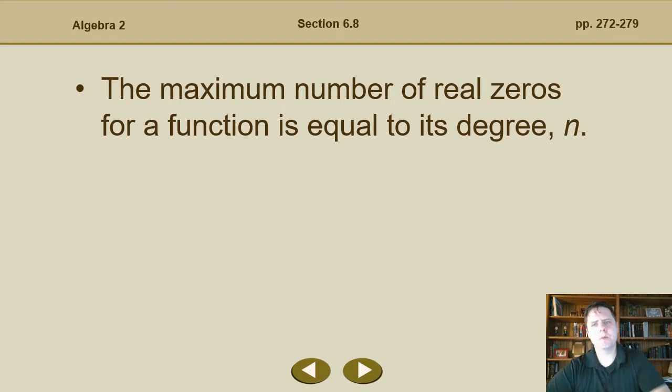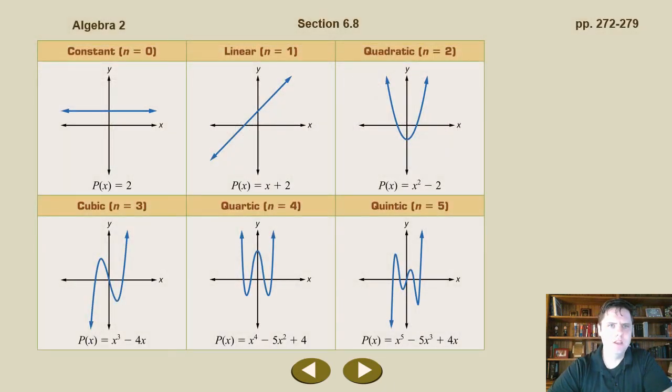Okay, so the maximum number of real zeros for a function is equal to its degree n. We remember that last time together. So let's look at some of the potential graphs when we actually graph these various functions. So if we have a constant like p of x equals 2, where the n, remember this is the power that the x is being raised to, is just 0, then we just get a straight line.